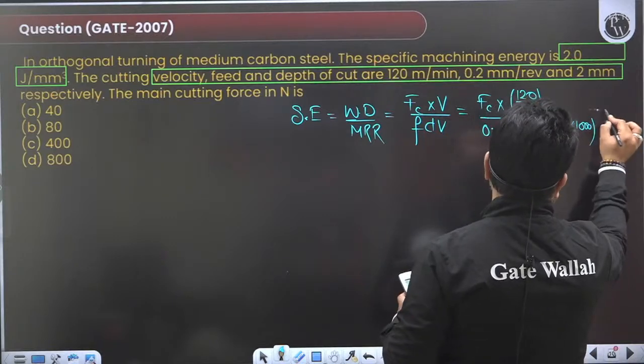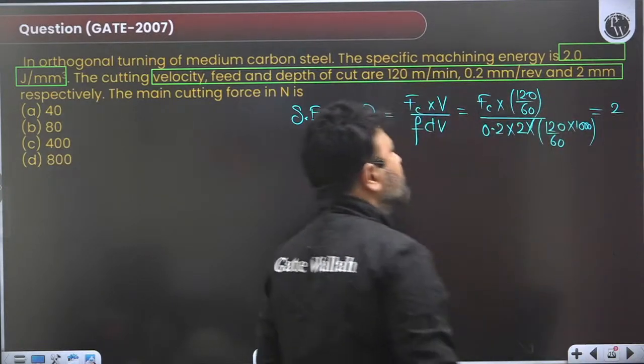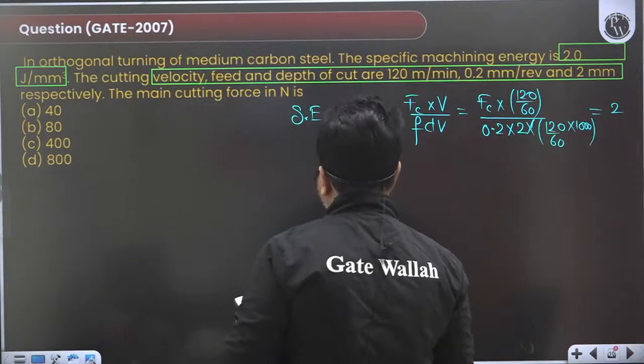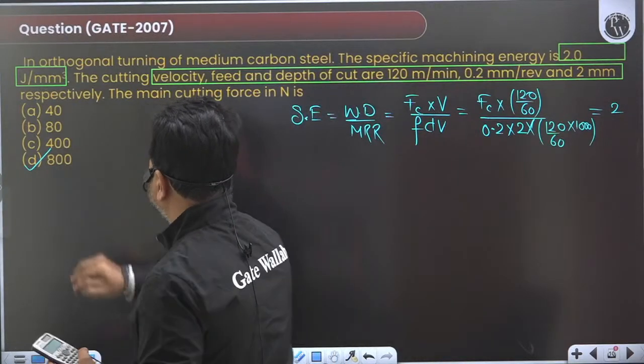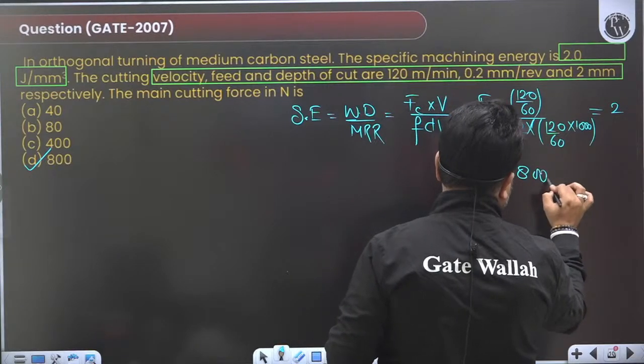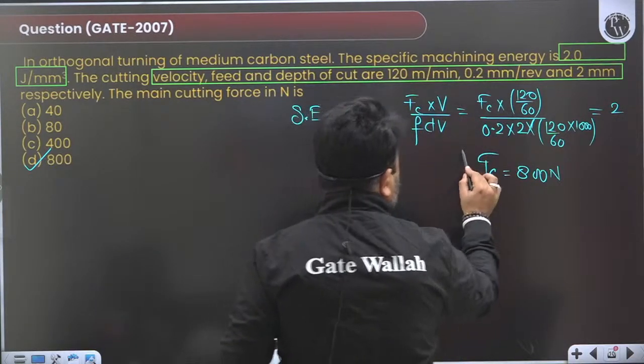Now specific cutting energy is 2. So we get cutting force, that is 800 Newton. Is it clear?